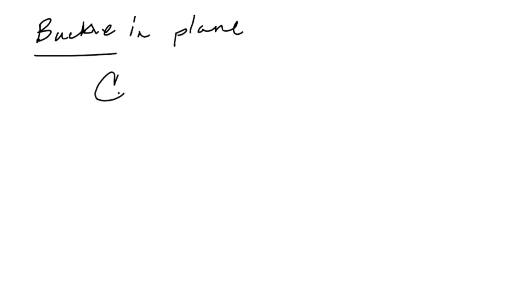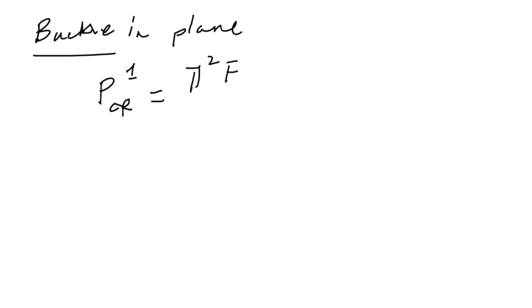All right, so let's talk about the first case, which is buckling in the plane. If we buckle in the plane, then we've got those additional constraints, right? Let's call this P critical 1, which is equal to pi squared EI.